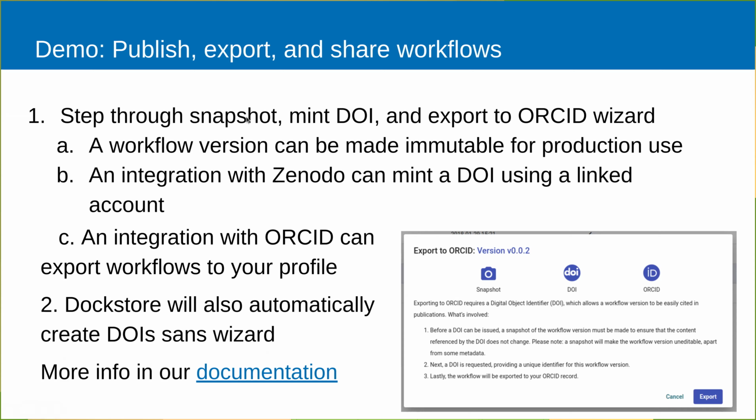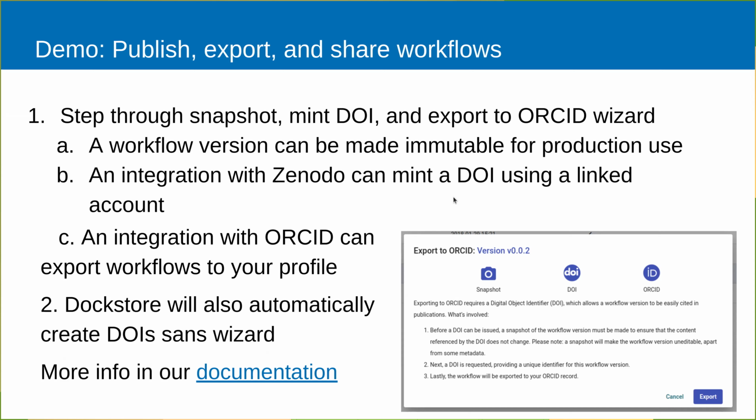A workflow in the first step can be made immutable. So what you may want to do in some cases, if you've been working on a workflow and changing it for a while, is snapshot a particular version of it, basically saying that it will never change after that point. After you've snapshotted it, you can mint a DOI on Zenodo.